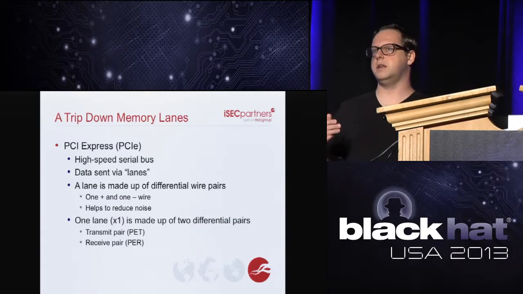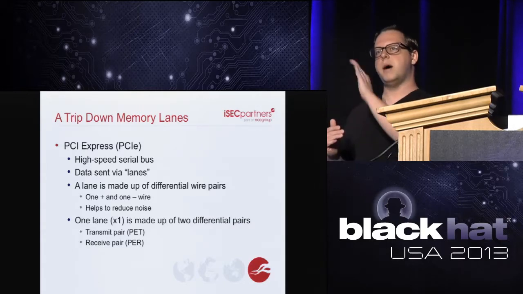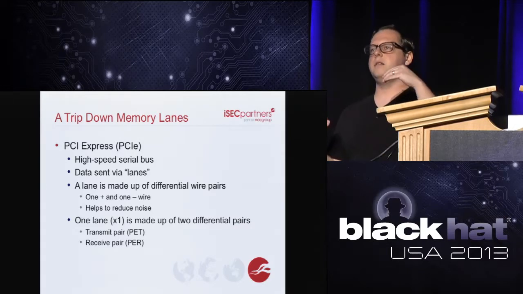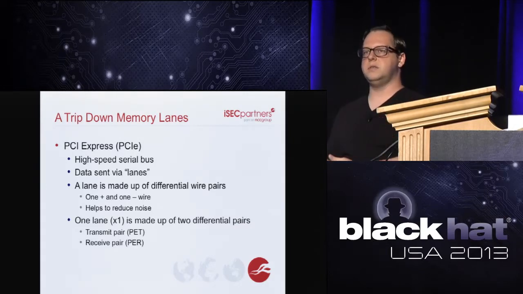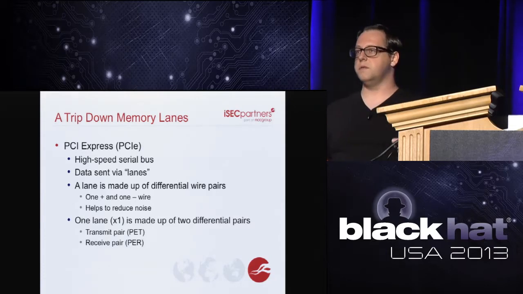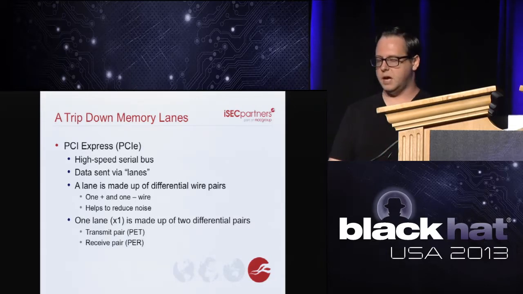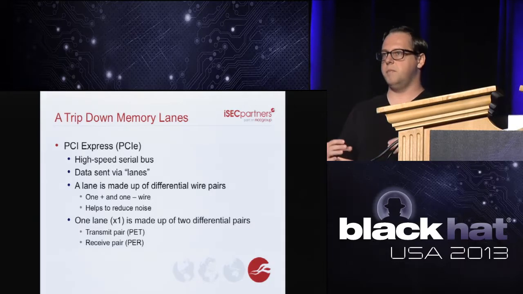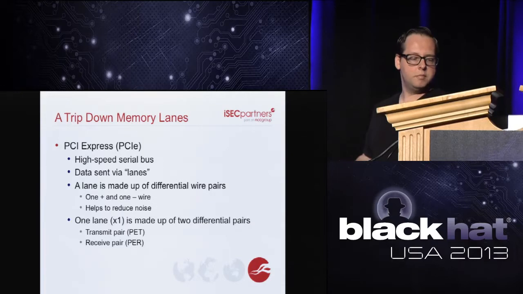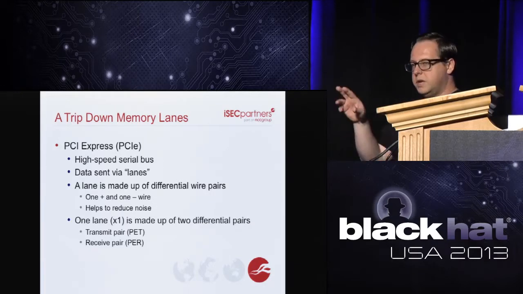A differential pair is one signal going positive and another signal the exact opposite going negative. When the two signals get to the device, they compare the difference. This is really great for interference. If interference happens on the lines, it should affect both lines, and so you can just take the difference and pull that out.